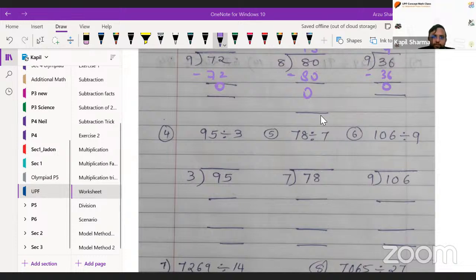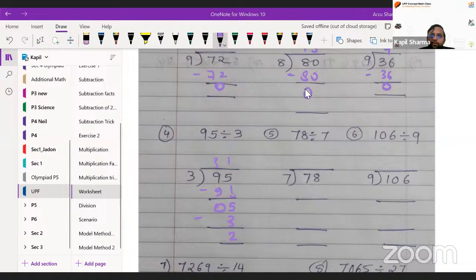Yes. Yashika, check your answer. So 3 times 3 is 9. So 0. 3 times 1 is 3. So yeah.